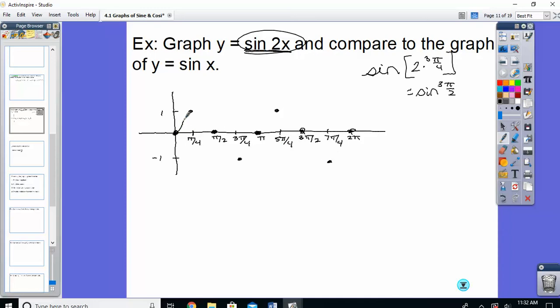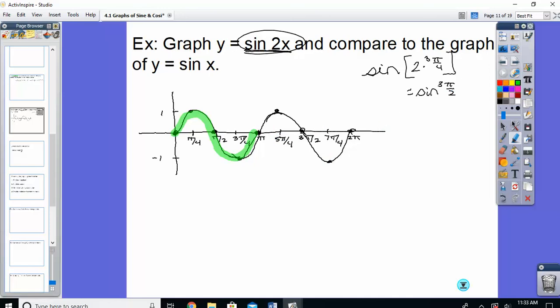If I graph this, what has happened to my graph? How many cycles of sine did I graph right there? 2, didn't I? This was the first one, and then after that it just repeated itself again.